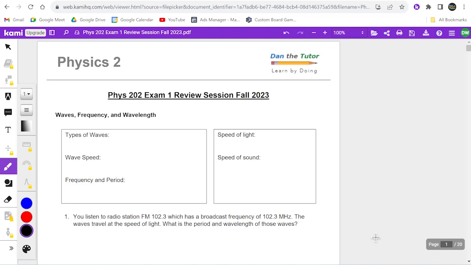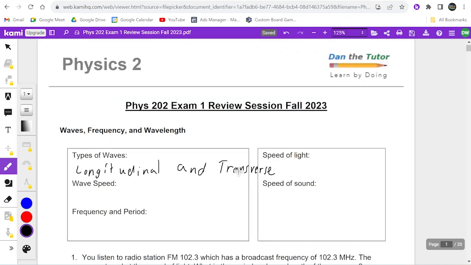Okay, so we're going to get started with waves, frequency, and wavelength. First, we have the types of waves. The two types of waves are longitudinal waves and transverse waves. If you remember, transverse is the one that goes up and down, looks like a sine wave.